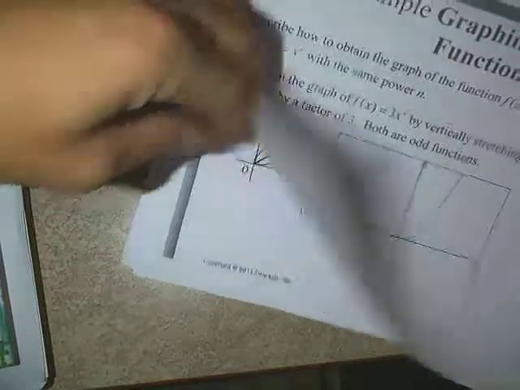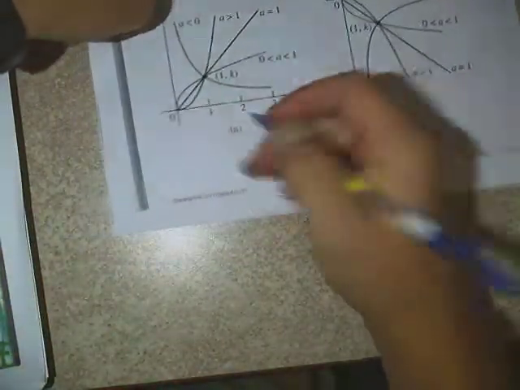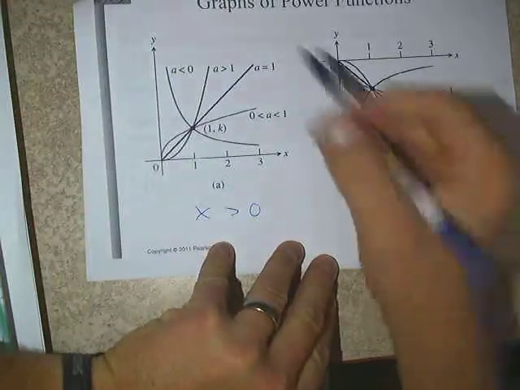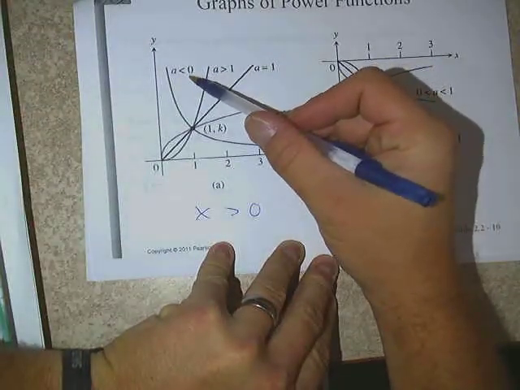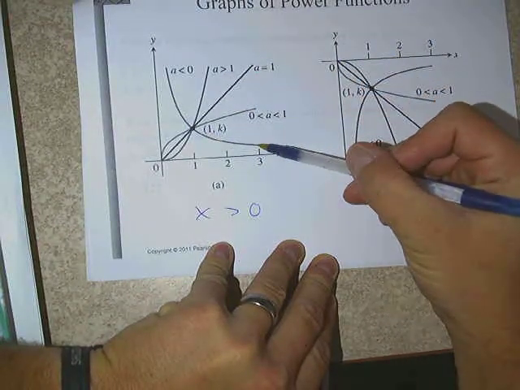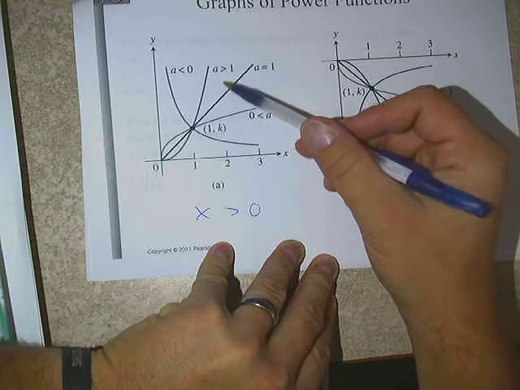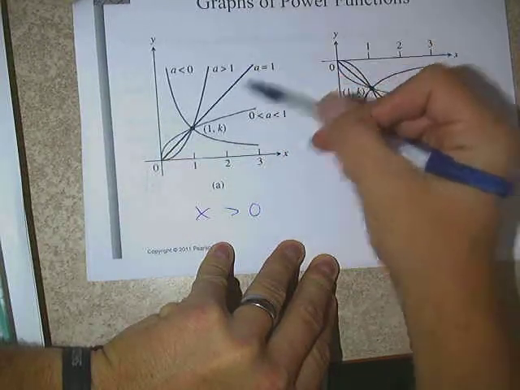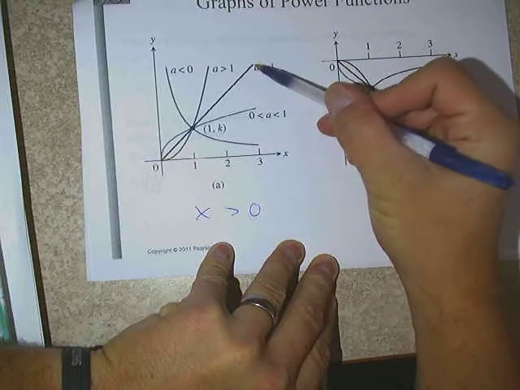Okay. So when we have a power function, okay, we're going to get quite a few different types of graphs here. Okay, this is the graph when a is less than 0. Okay, and actually, let me put a stipulation on that. Oh, we're missing a slide. This is a situation where x is greater than 0.